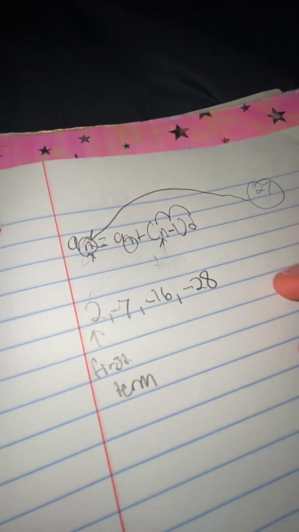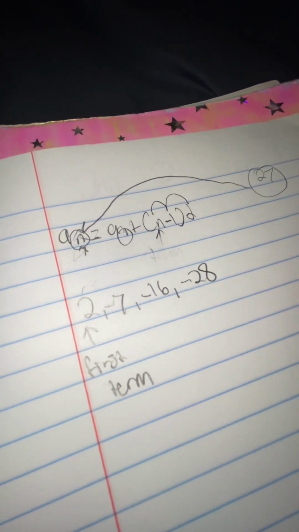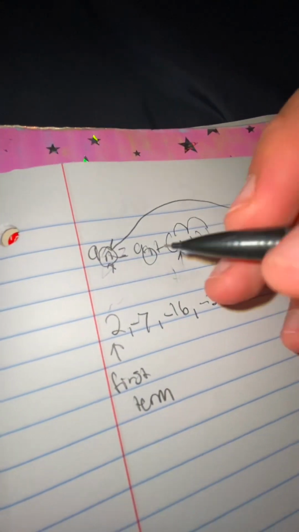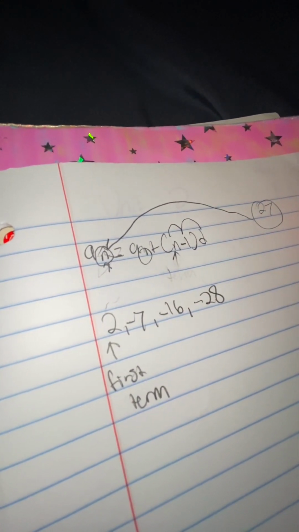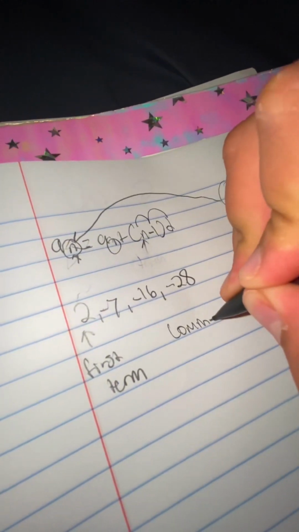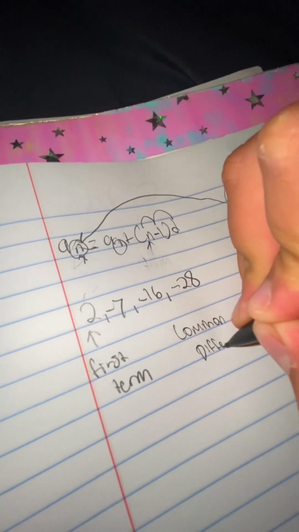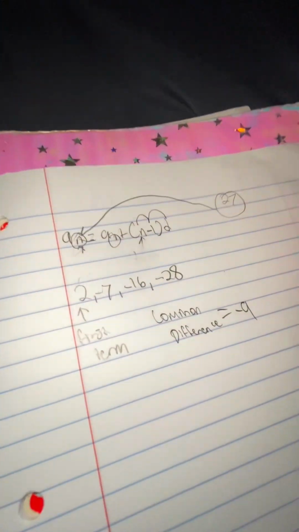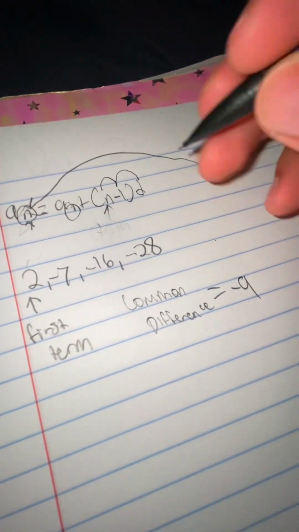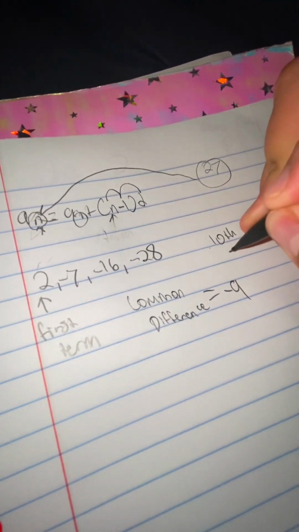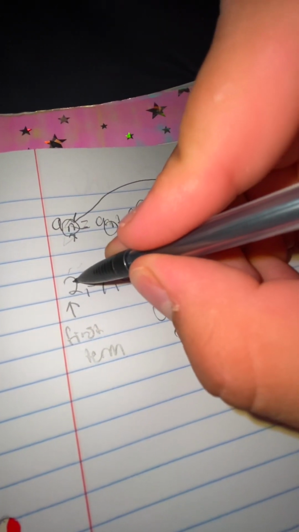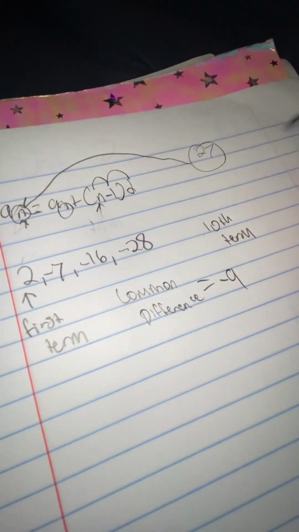Now, the common difference for this group of numbers would be -9, because 2 plus -9 equals -7. So our common difference is -9. So we are looking for the 10th term for this. So that's our first term. However, we're looking for the 10th term.